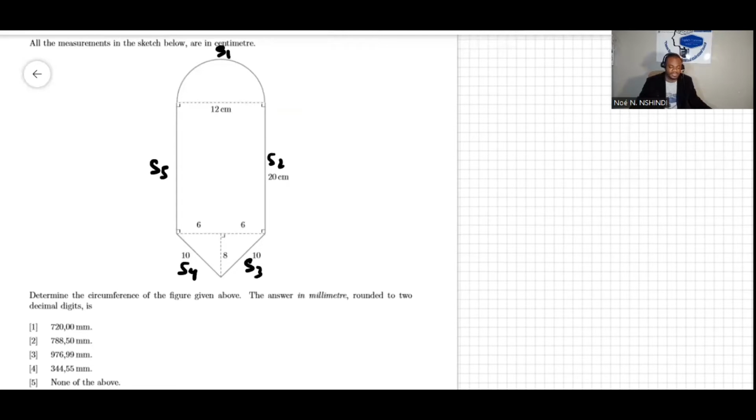Now, the circumference is the sum of all the outer sides. So the circumference would be side 1 plus side 2 plus side 3 plus side 4 plus side 5.